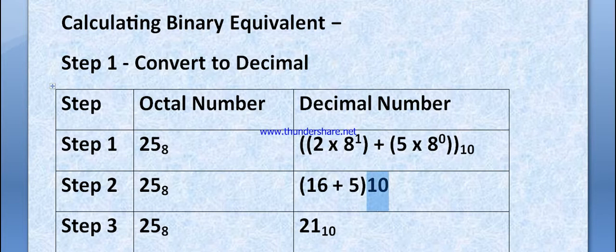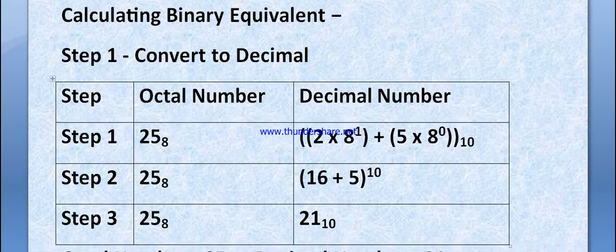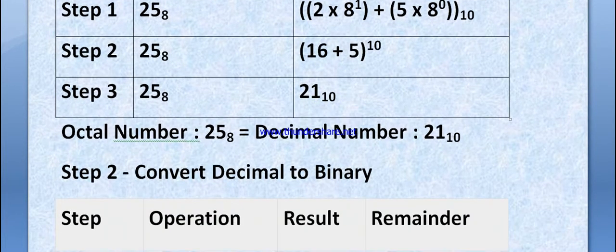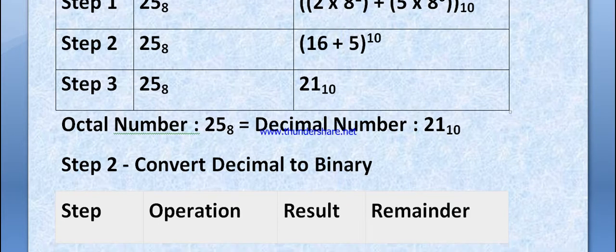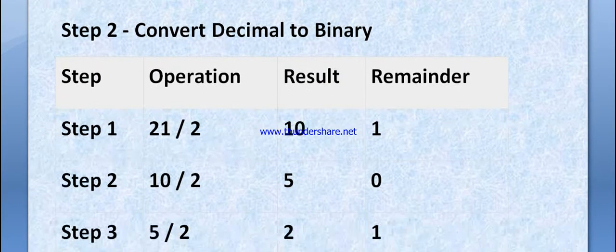So we can calculate the value: 16 and 5, so 5 remains here, so 21 base 10. So this is the decimal value for octal to decimal conversion. Now convert decimal to binary.